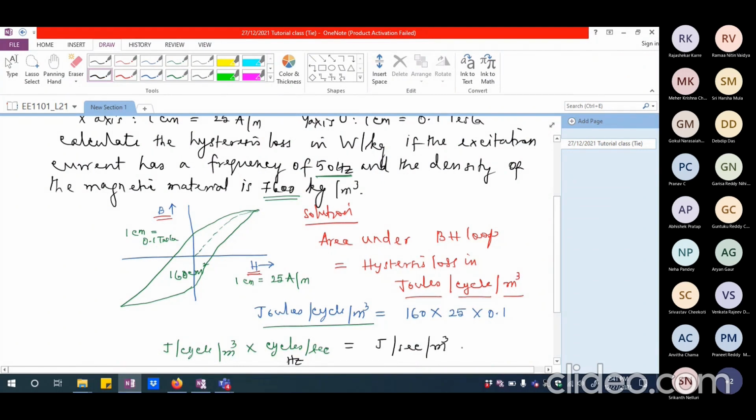So this is essentially watts per meter cube.